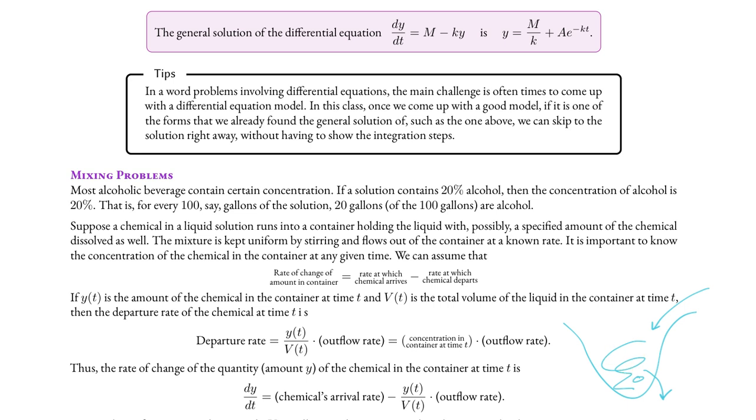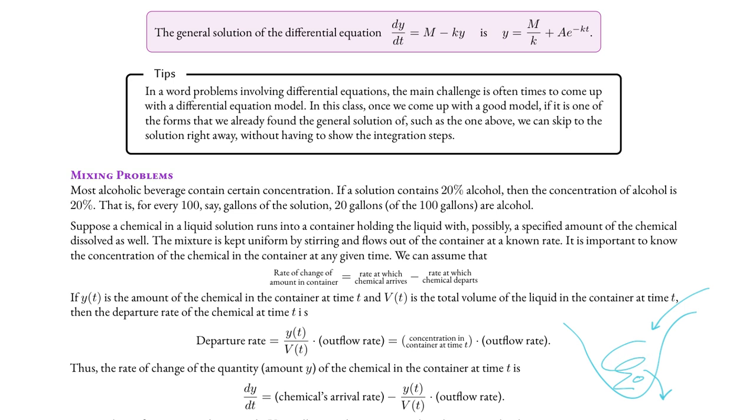And so we assume that the rate of change of the amount in the container is the rate at which the chemical arrives minus the rate at which the chemical departs. Usually, we let y be the amount of the chemical in the container at time t, and v of t is the volume of the liquid in the container at time t.